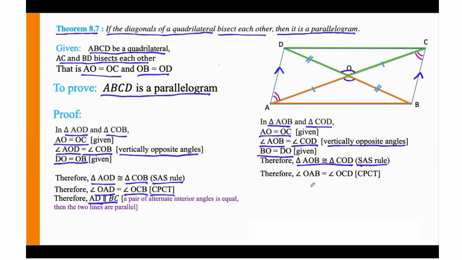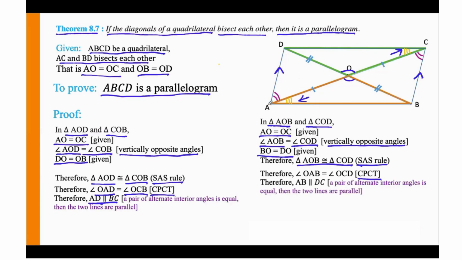Now that these two triangles are congruent, we can also say that angle OAB is equal to angle OCD by CPCT. So let's look at this angle OAB. This angle is equal to angle OCD, this angle. And you can see they both are also alternate interior angles.